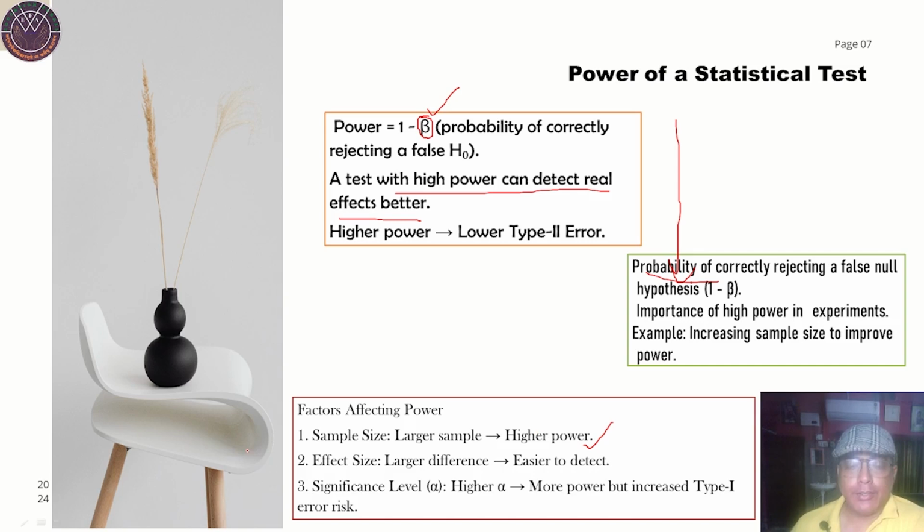Now if you increase alpha, then power will of course increase, but you may be at a position of committing type 1 error. Suppose previously your alpha was 5%, now you have made it 10%.